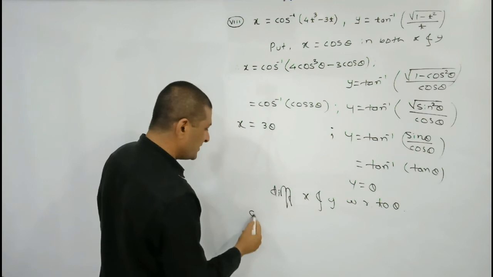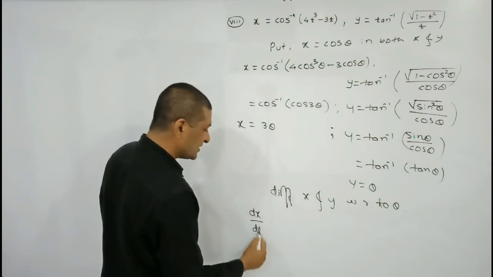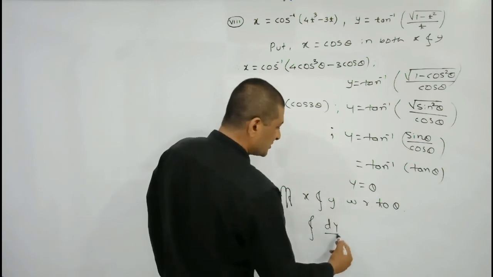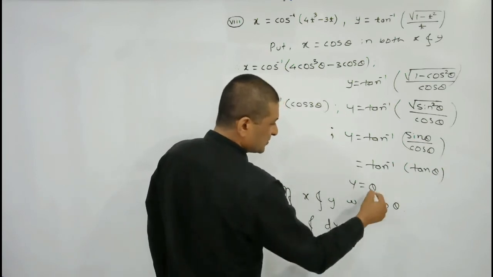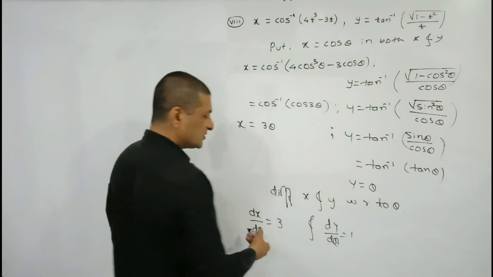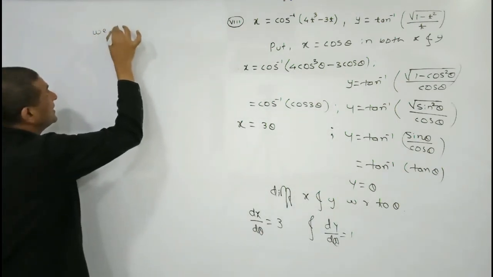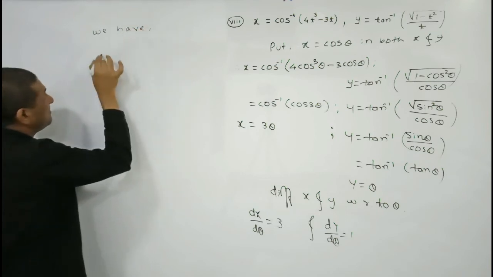What is the derivative of x with respect to theta? It will be equal to 3, and the derivative of y with respect to theta will be equal to, what is the derivative of theta? 1.